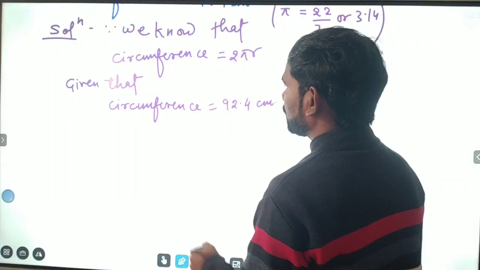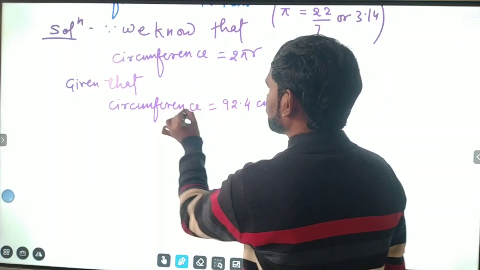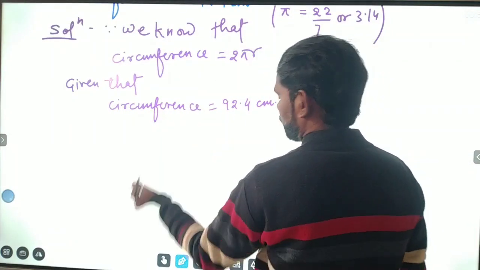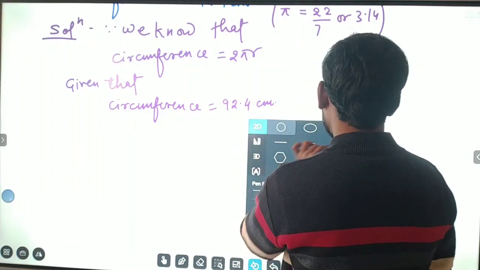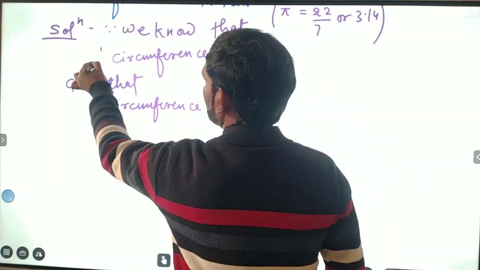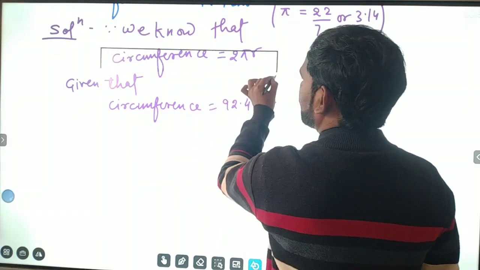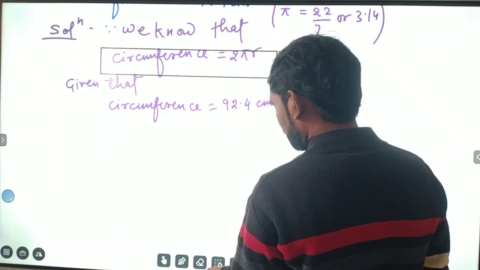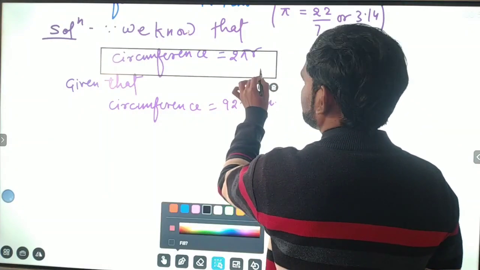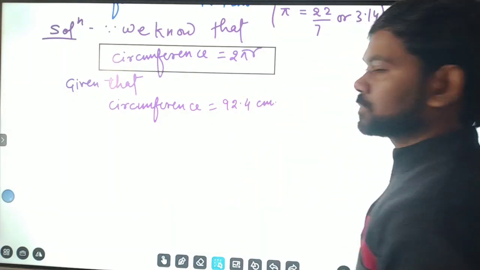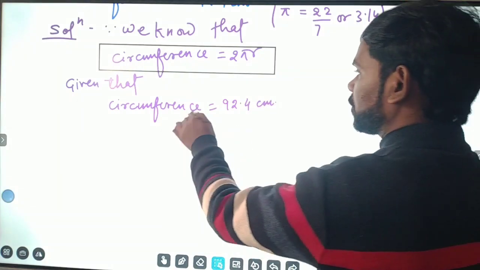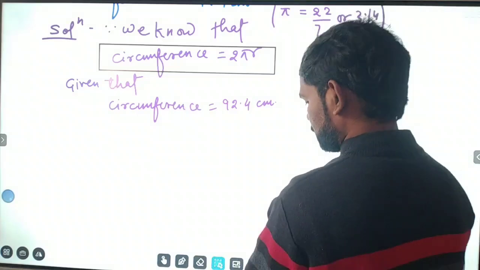Therefore, we substitute this value in this formula. So this is your formula, and you have to still remember. This is your formula, and we use this formula in order to solve the question.